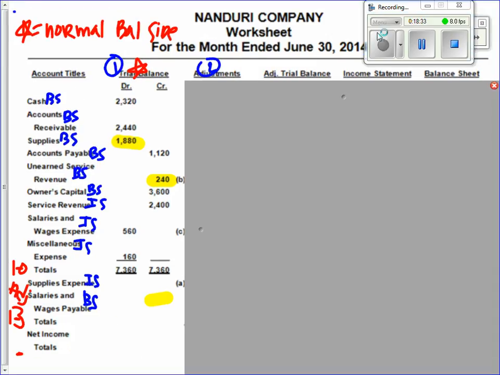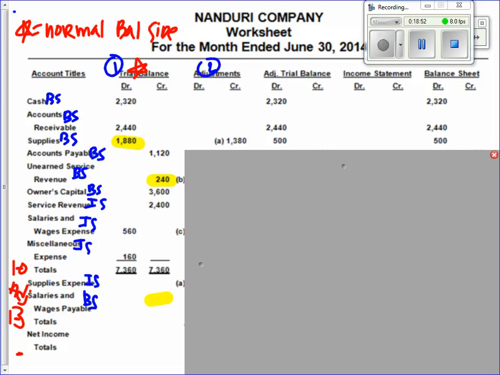Okay. So supplies. If we started with 1,880, it's telling us that we have 500 here. What did we use? 1,880 minus 500 would be 1,380.